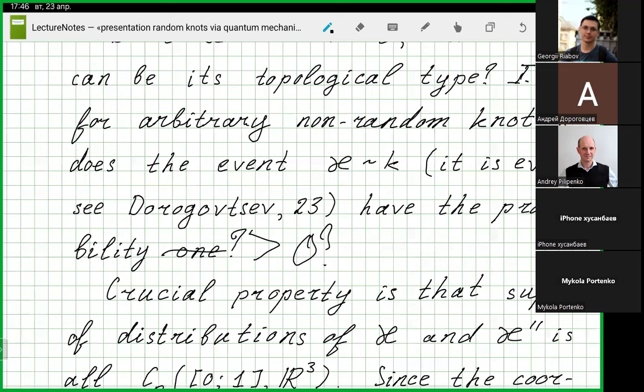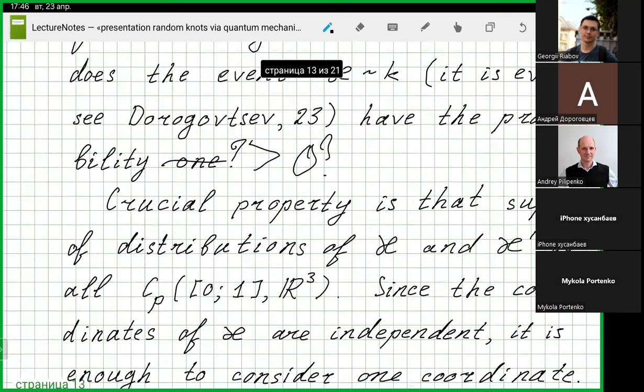And it occurs that the crucial property which allows us to prove this is the following: the support of the distribution of kappa and kappa prime, the second derivative, is equal to the whole space of continuous periodic functions. It was crucial.